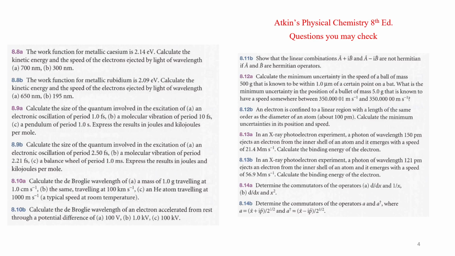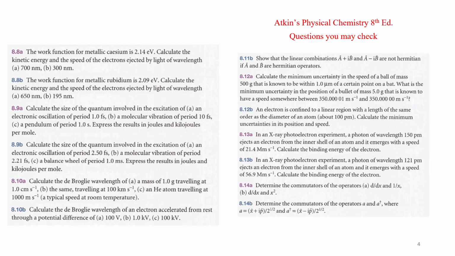If there is, you can speak, and if not, then we can move to 8.12, the next question. Can we move to the next question? Yes, okay, you can move.